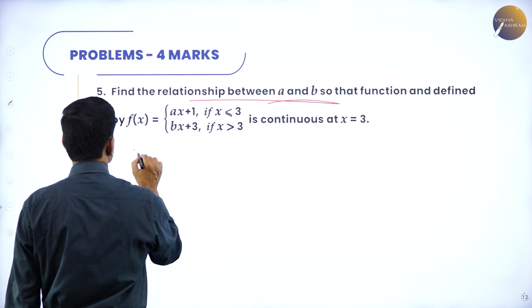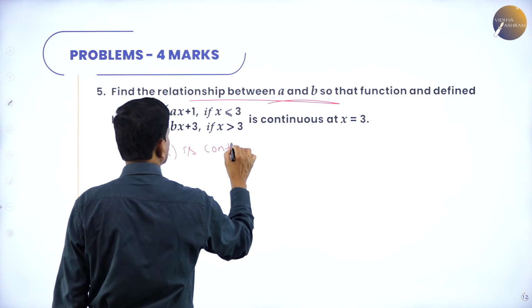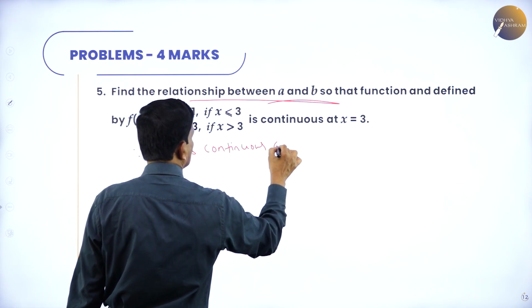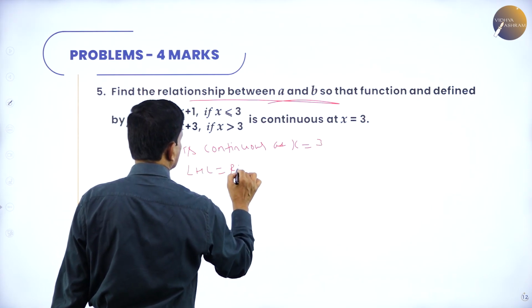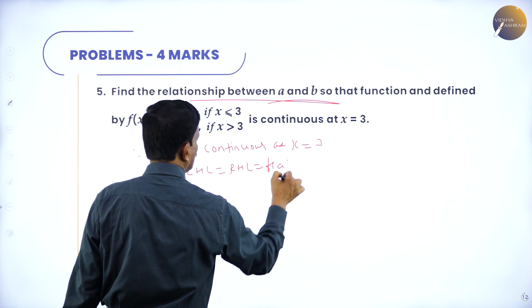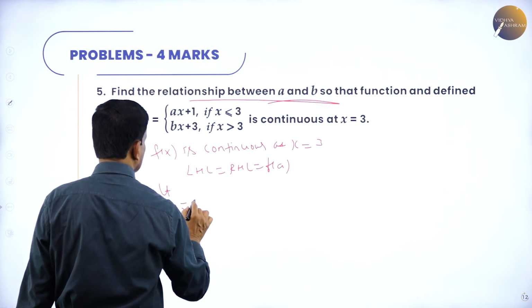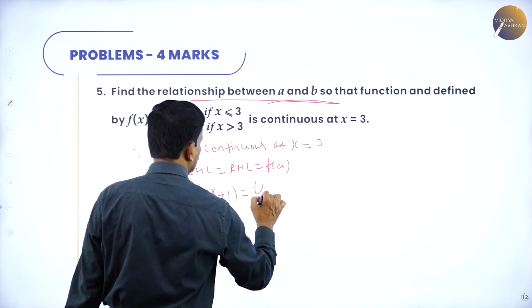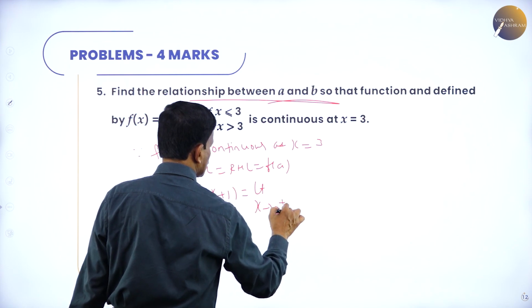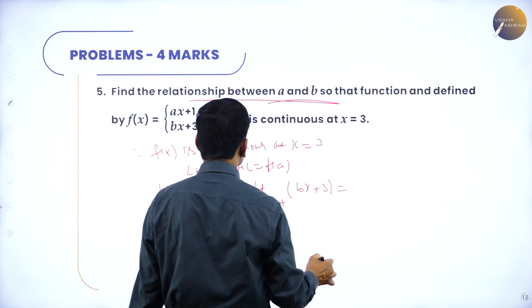Now, since f of x is continuous at x equal to 3, the left hand limit is equal to the right hand limit, which is equal to the functional value. So here, the limit as x tends to 3 minus, the left hand limit, of ax plus 1 is equal to the limit as x tends to 3 plus, the right hand limit, of bx plus 3, which is equal to the functional value.